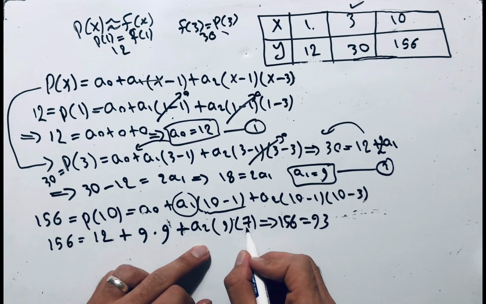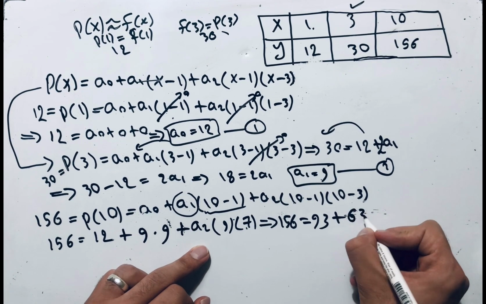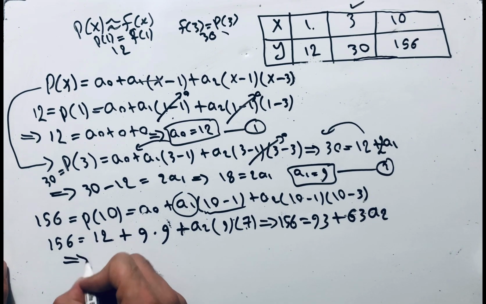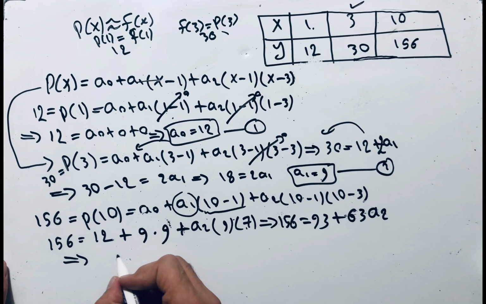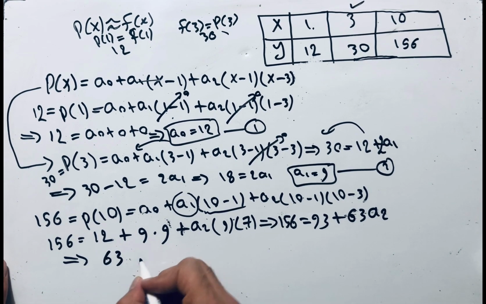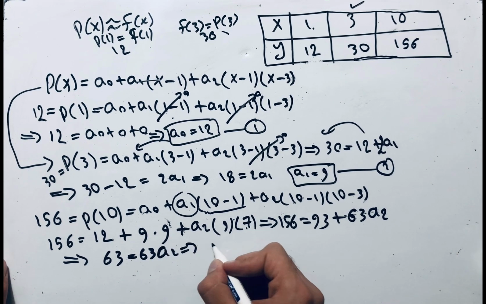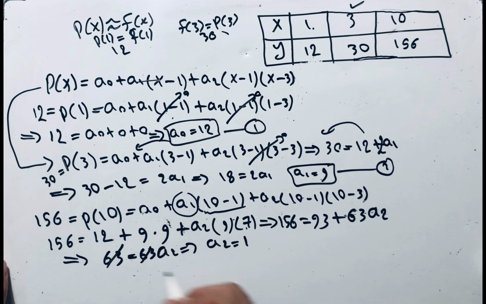Okay, now 7 times 9 is 63, so 63a2. Okay, from here we can say that 156 minus 93 is actually 63, equal to 63a2. From here we can say that a2 is equal to 1 because these two cancel.